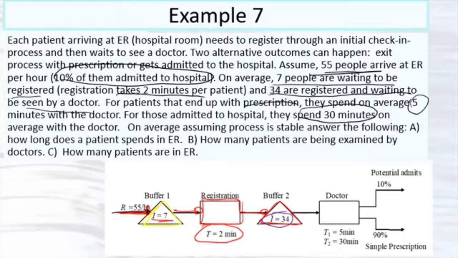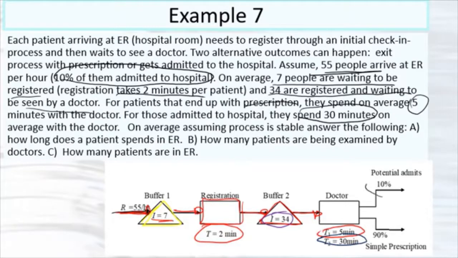And then we go on to see the doctor, and here we get two different times. One is for if a patient ends up being a simple prescription patient, and the other is if the patient turns out to need to be admitted to the hospital.